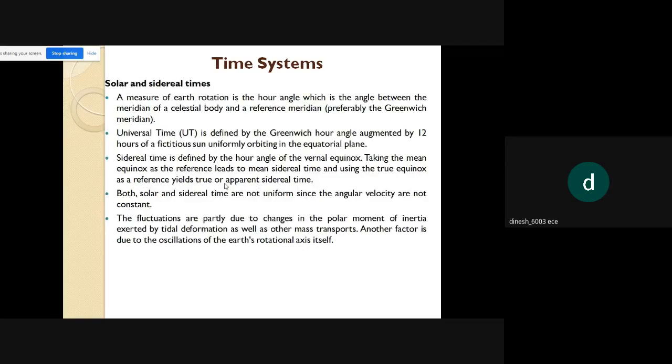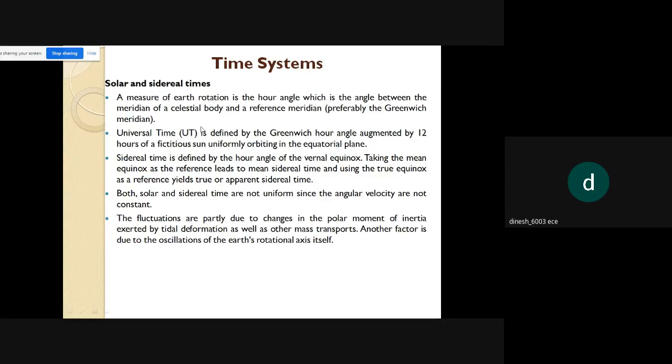A measure of Earth's rotation is the hour angle, which is the angle between the meridian of a celestial body, stationary or in motion, and a reference meridian, which we call the Greenwich meridian. Next we have universal time, UT.